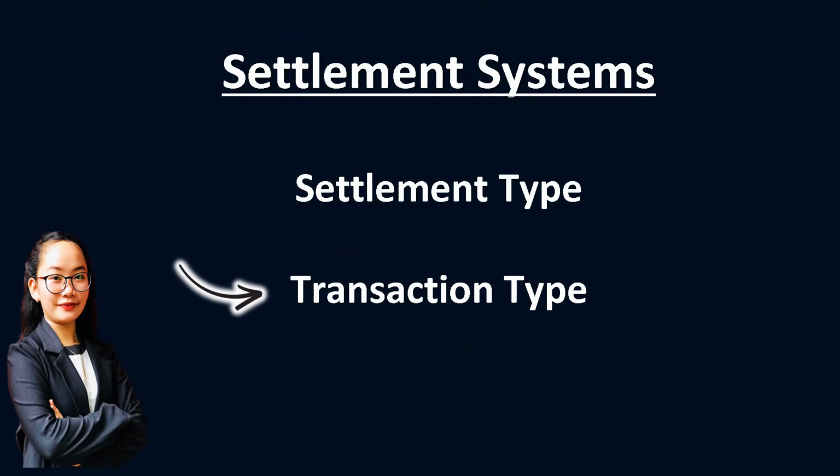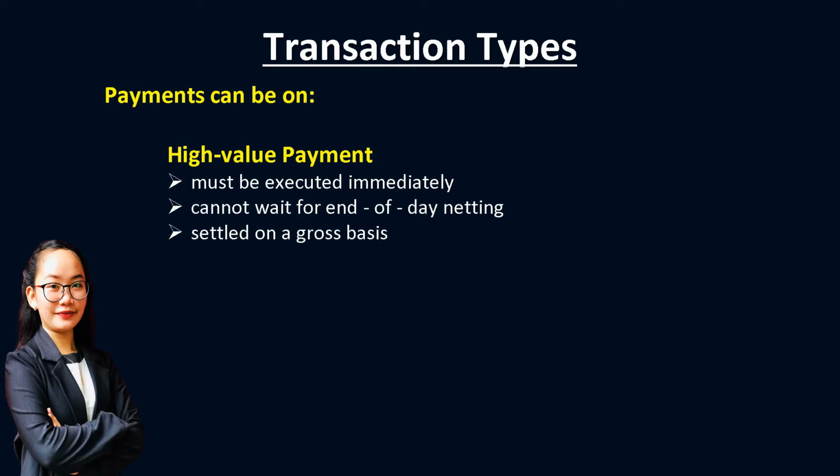The second type is the transaction types. Each clearing and settlement system is primarily designed to handle a certain type of transaction. One such type is the high-value payment, which must be executed immediately. Because of the time constraint, high-value payments cannot wait for end-of-day netting, and so are settled on a gross basis, with an immediate cash transfer between banks.